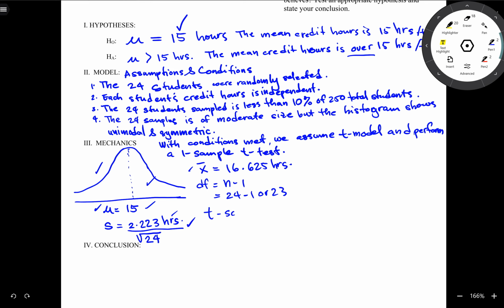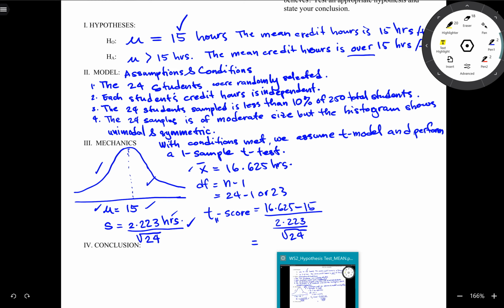So the t-score, with degree of freedom 23, is going to be, again, data value 16.625 minus the mean, or the center, which is 15, divided by the standard deviation, 2.223 over the square root of 24. Okay, so let's find that.